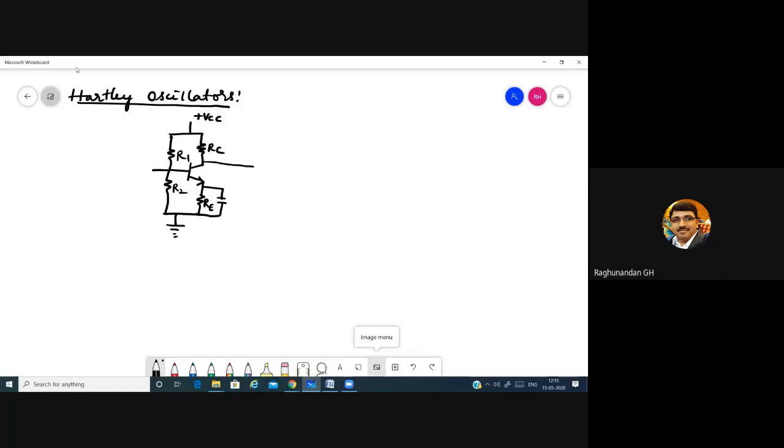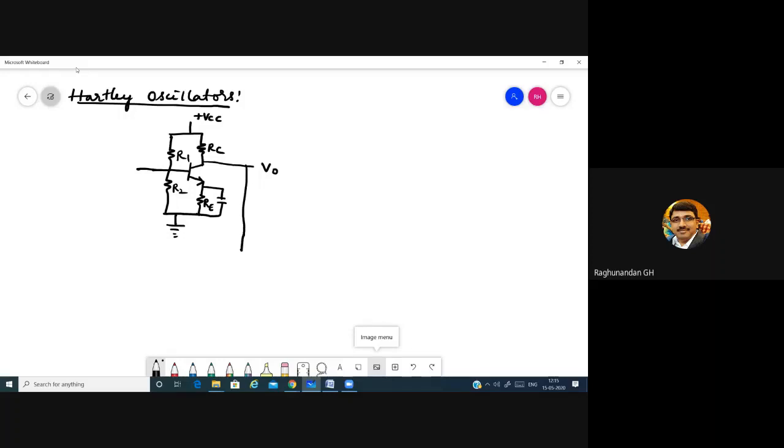That voltage divider bias circuit design is applicable for all the oscillators, even the RC phase shift oscillator. This is the output you are having, and you know that for an oscillator you will not have any input signal. The input signal is the feedback.